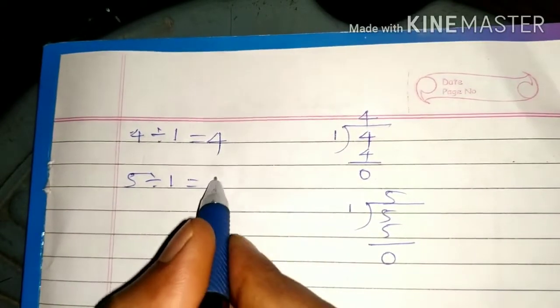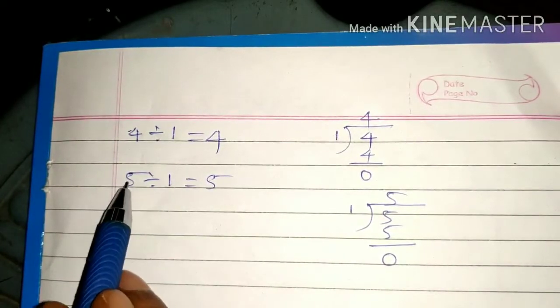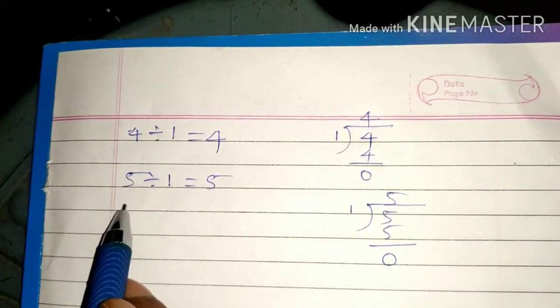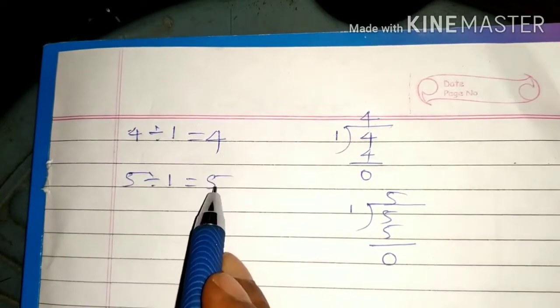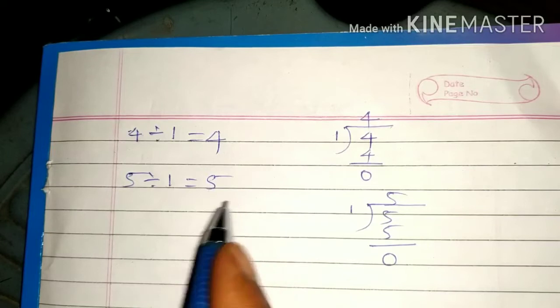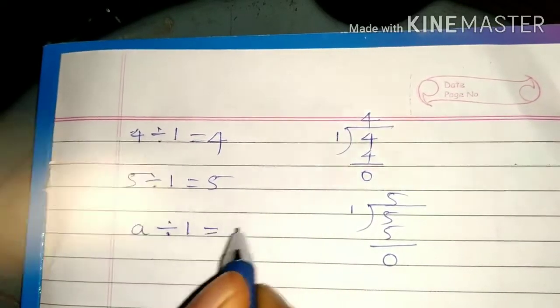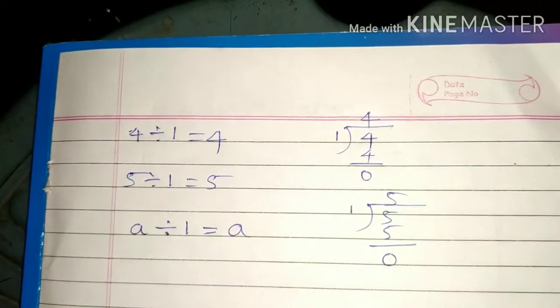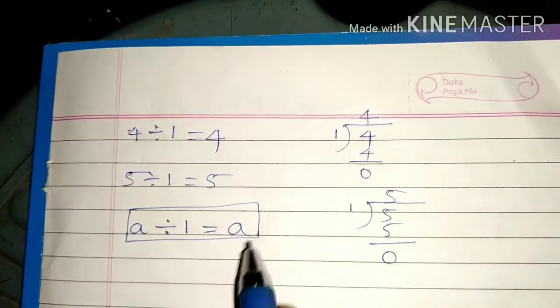Right? The answer is 5. So in general, if you consider any integer, positive or negative, and divide it by 1, you get the same integer. So in general, a divided by 1 is always equal to a.